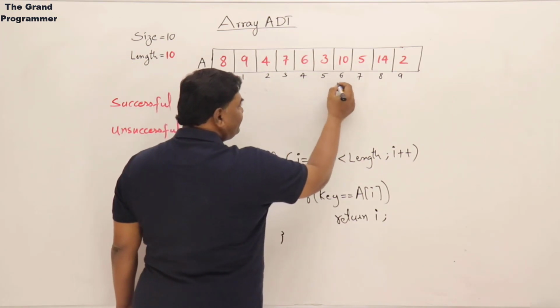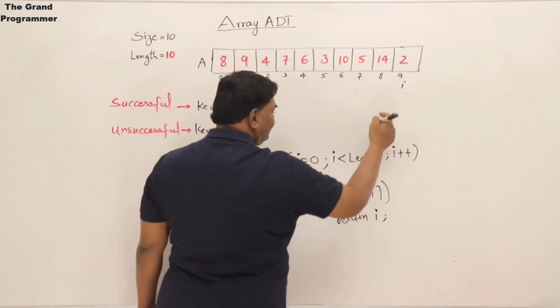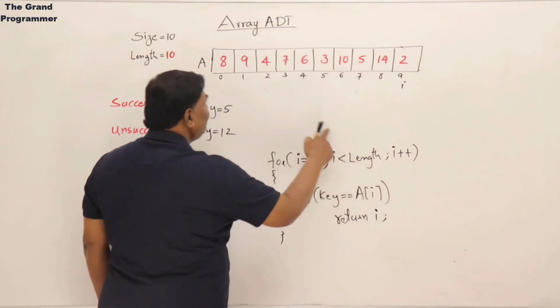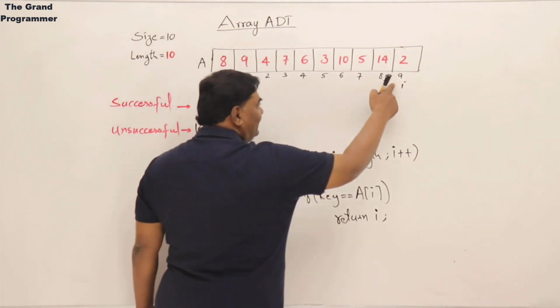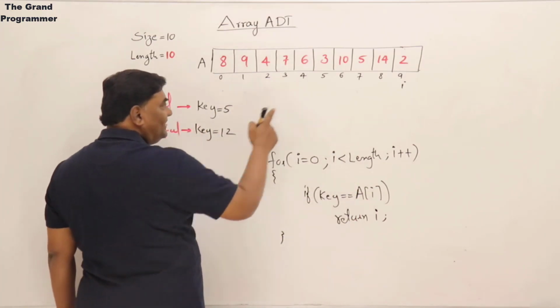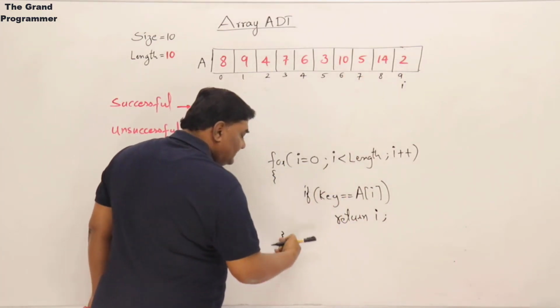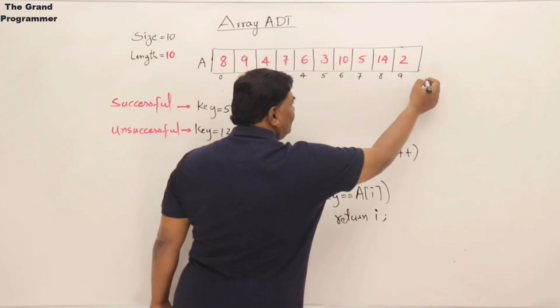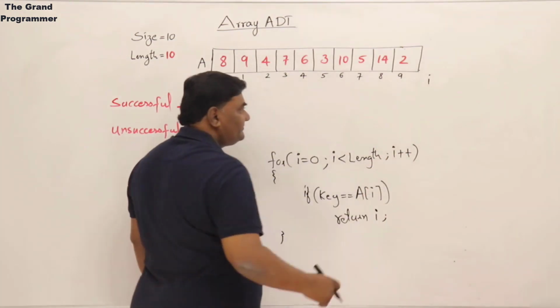So I will move to next, then next, then next, then finally let us take this. I is less than length? Yes, length is 10, and I is 9. Yes, it is less. So key, is it equal to A of I? 12, is it equal to this? No. Then continue, I plus plus. I will move to the next location.